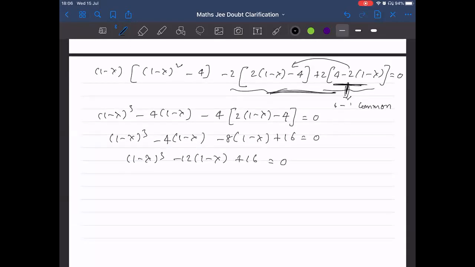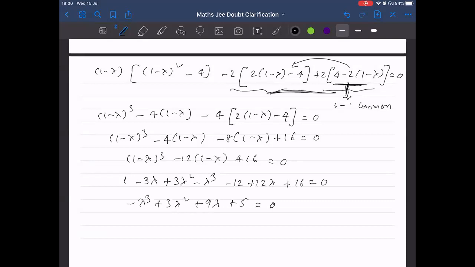Expand it. Using the whole cube formula, 1 minus 3 lambda plus 3 lambda square minus lambda cube, minus 12 plus 12 lambda plus 16 makes it equal to 0. So minus lambda cube plus 3 lambda square minus 3 lambda plus 12 lambda, that is 9 lambda, plus 5 makes it 0.